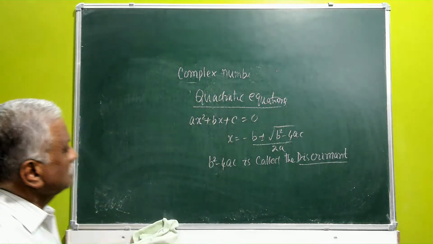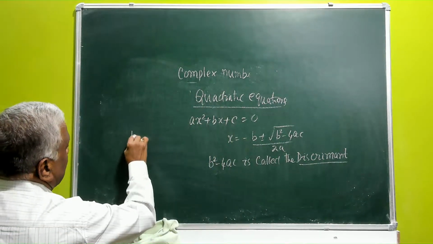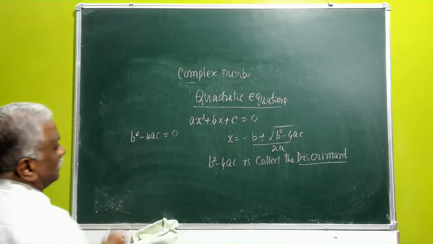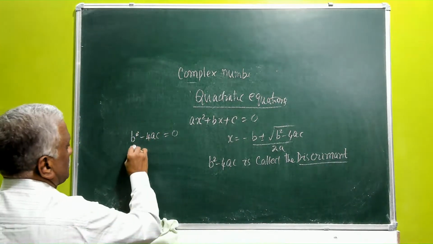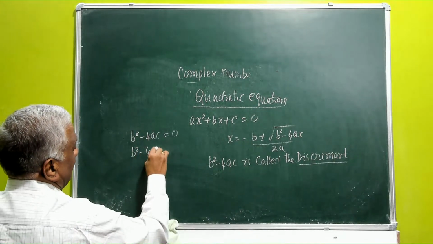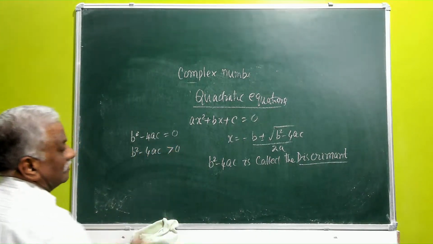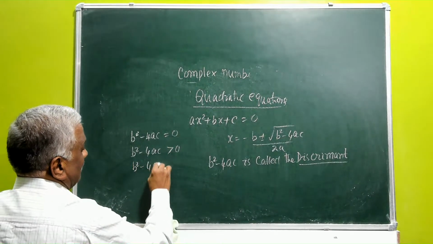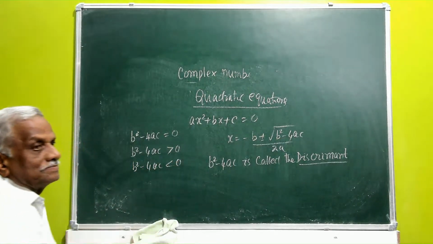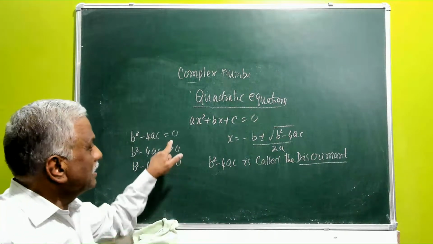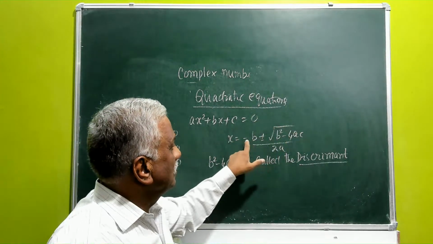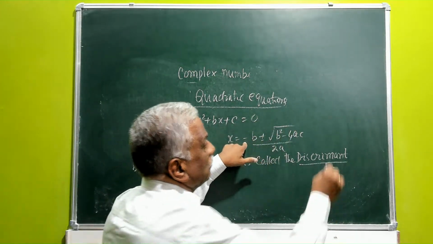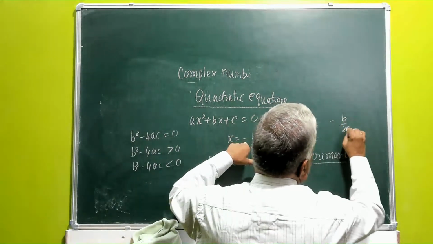So there are possibilities. b square minus 4ac can be equal to 0, greater than 0, or less than 0. When b square minus 4ac is 0, this expression will be 0, and the root is minus b by 2a.